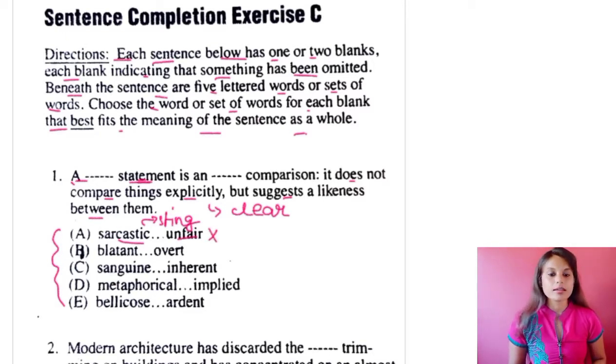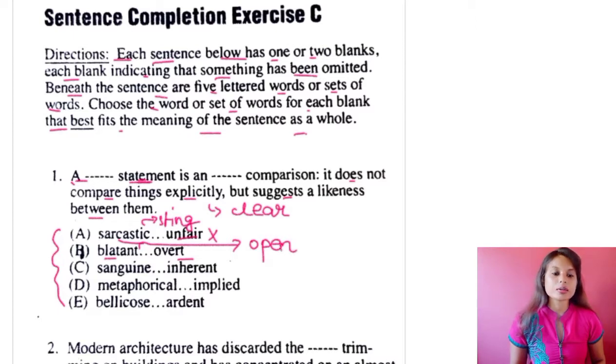Let us check option number B. Option number B is blatant and overt. Blatant means transparent or obvious or open or undisguised. In simple words, something which doesn't have anything hidden in it.